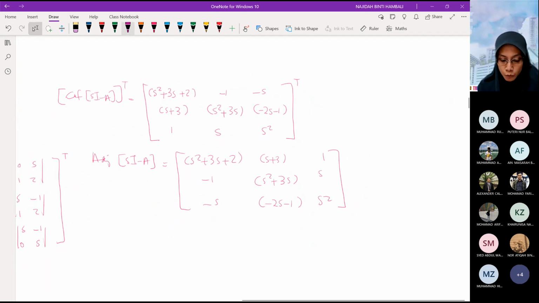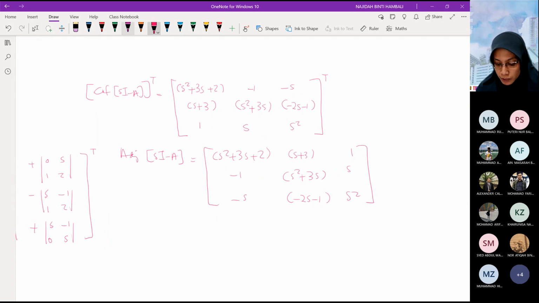Okay. Then for this one, I advise you to assume that this adjoint matrix, since we have a few polynomial functions up to second order, you can represent this adjoint matrix as alphabet A, B, C, D, E, F, G, H, I for this 3 by 3 matrix of the adjoint SI minus A. Later, I'll explain why we have to do like this to represent the 3 by 3 adjoint matrix with alphabets only.